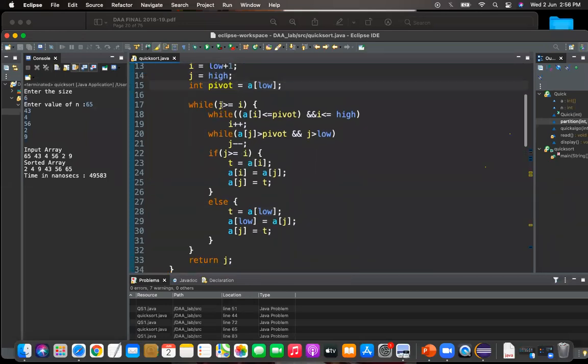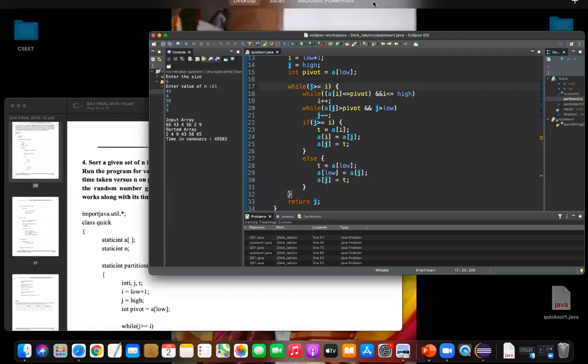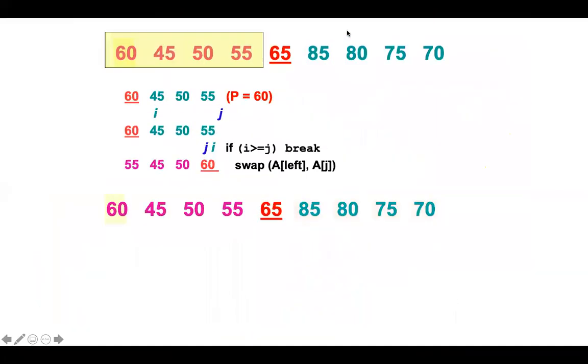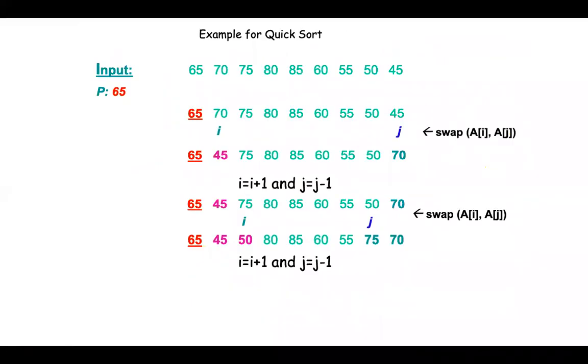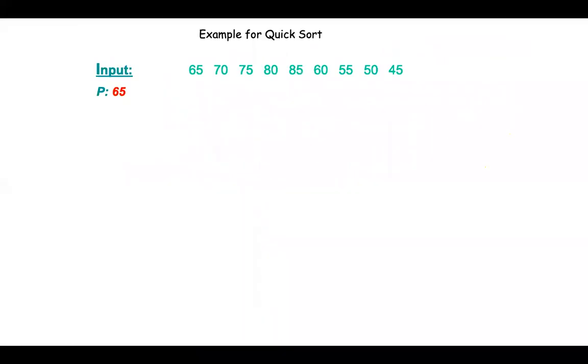And until this condition is true, that is until j is greater than or equal to i, we are in the first phase of the array. What we are going to do is simply increment the i value.